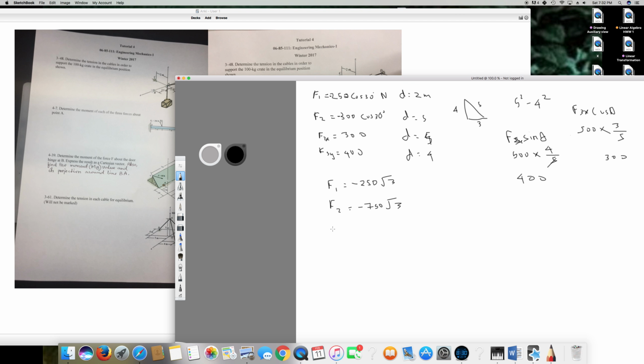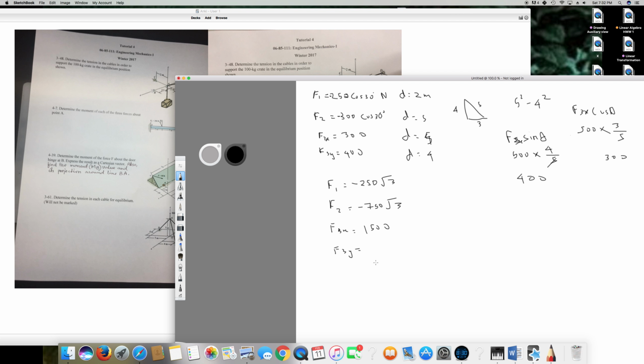And both of them are clockwise. F3x is going to be 5 times 300, which is 1500, and F3y is going to be 400 times 4, which is 1600, right?